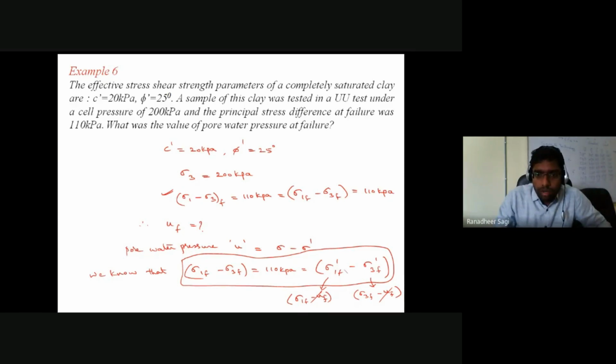Once we have this condition, let's go on to understand another expression we have learned earlier. Sigma 1 dash at failure: if I want to know my major principal stress in terms of the effective state of stress, I can calculate it if sigma 3 dash at failure is known, acting on the soil sample.